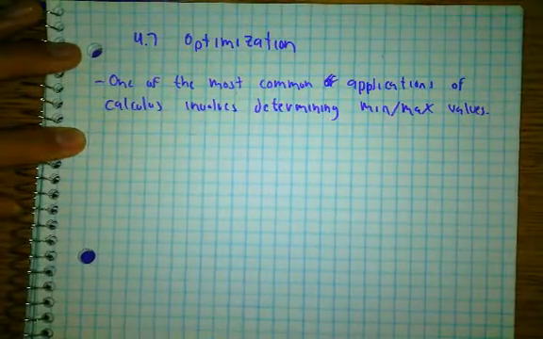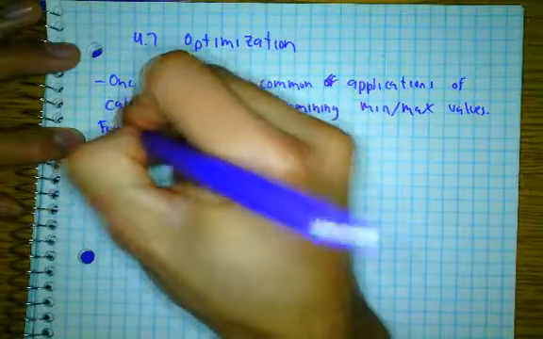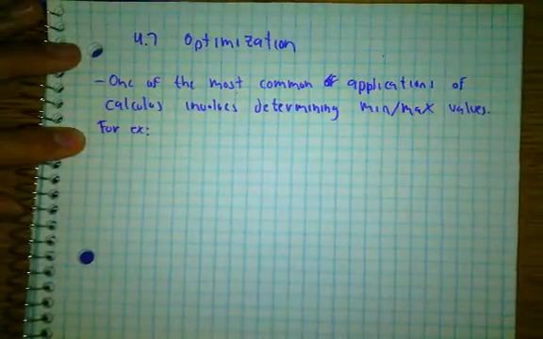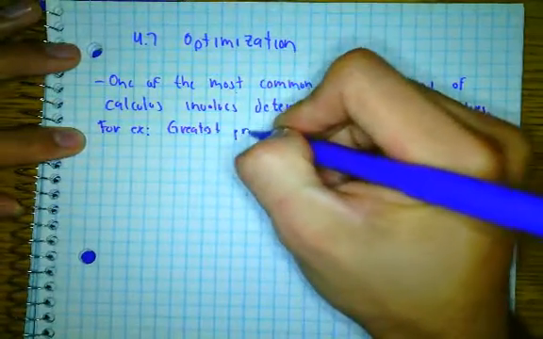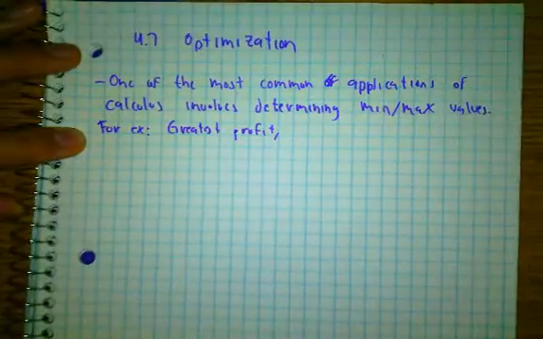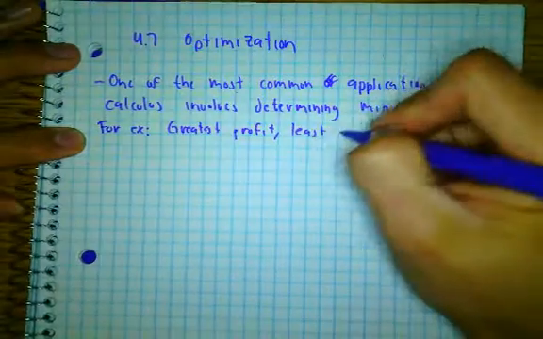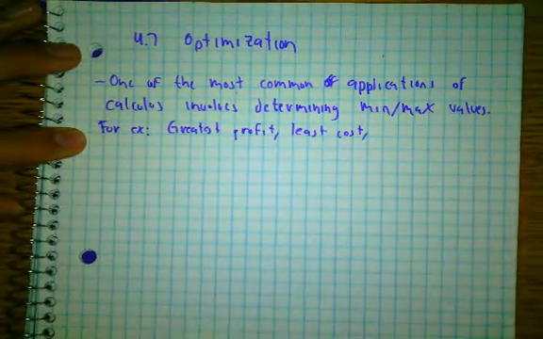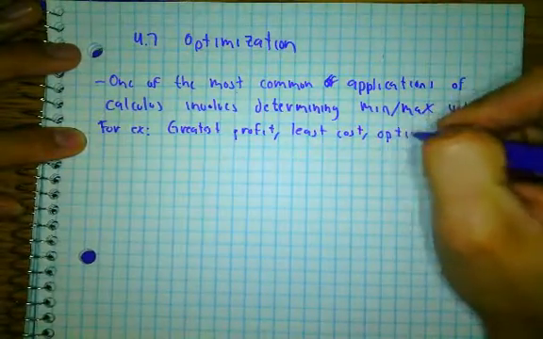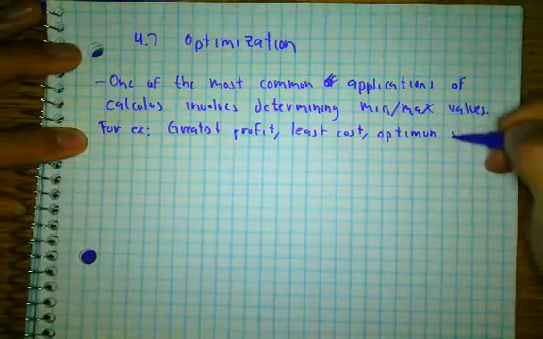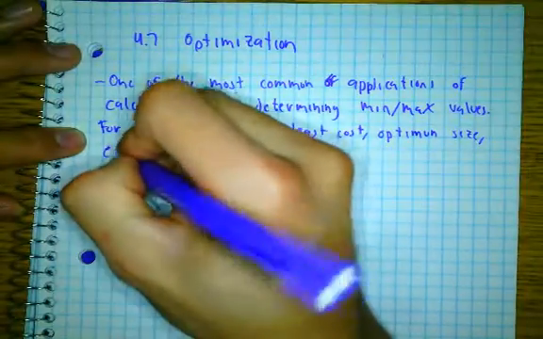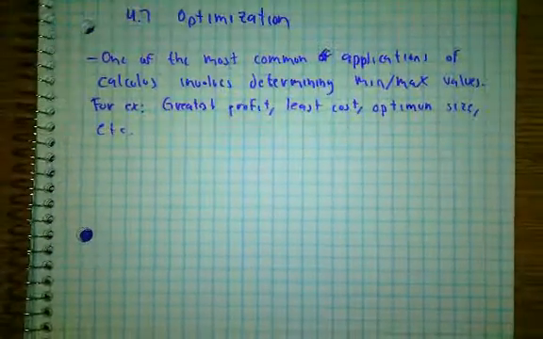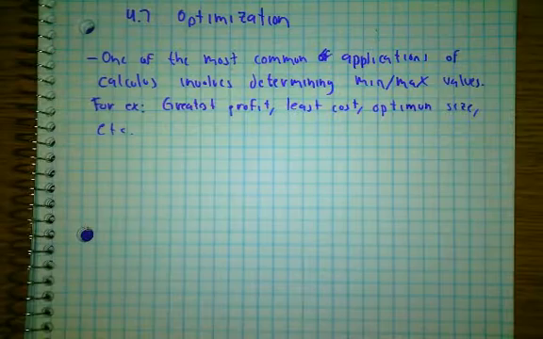For example, what is the greatest profit? What's the least cost? What is the optimum size? Etc. So that's just some examples. That is known as optimization. Finding the optimum solution for a problem.